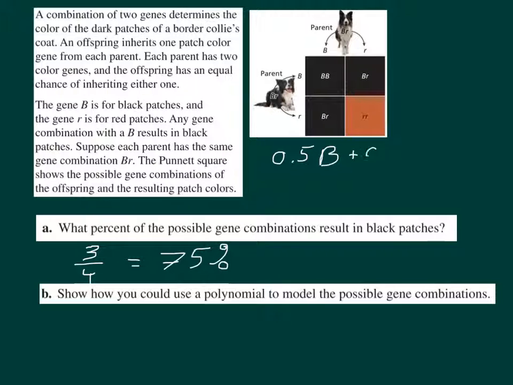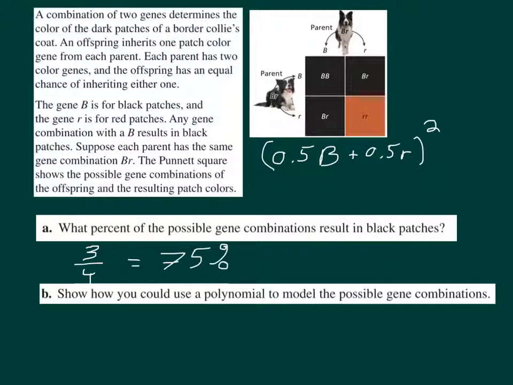And there's a 50% chance they're going to give the recessive R gene. And that's actually true from both parents. So since I have that happening twice, I could square this, representing the 50% chance that each parent has of passing on the dominant gene and the 50% chance that each parent has of passing on the recessive gene.